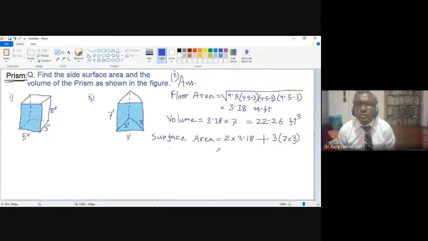Yes. So this is 63 and then 6.36. So altogether 69.36 foot square, or you can write square foot. So SQFT. So this is your answer.